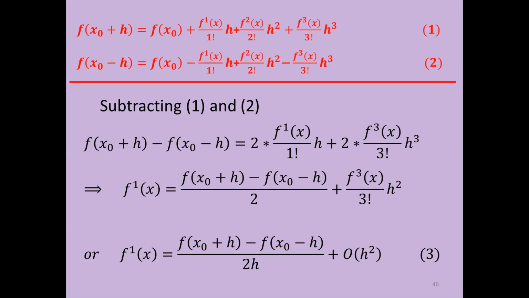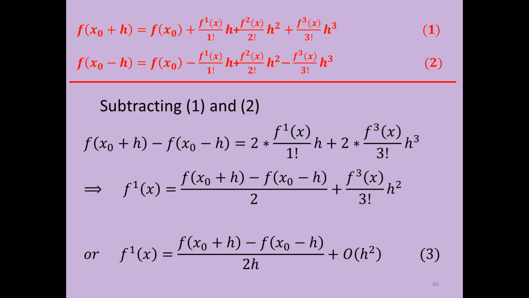In fact, the order of the error can be found in a similar method for the backward and the forward approximations also. And you can very well find that the order of the error in approximation is of the order of h.